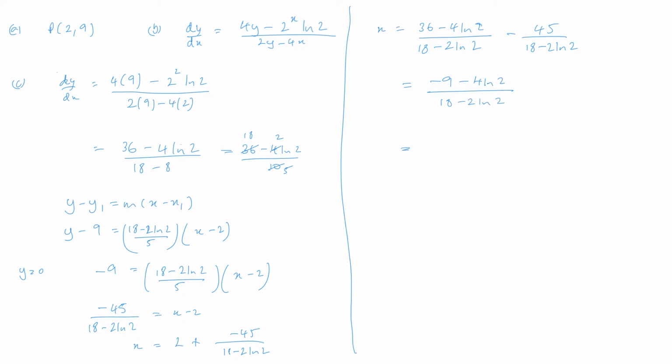This is the same as (4 ln 2 plus 9) over (2 ln 2 minus 18). And that was the form, wasn't it, that they wanted it in, the ln 2s in the beginning. So times in top and bottom by minus 1 keeps it the same, but there you have it.